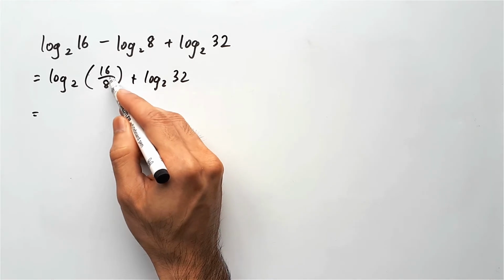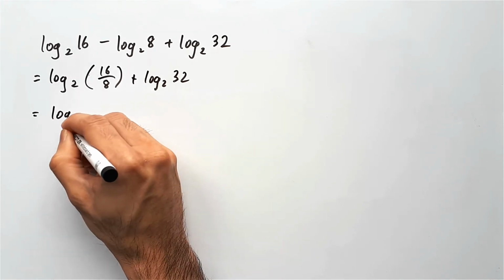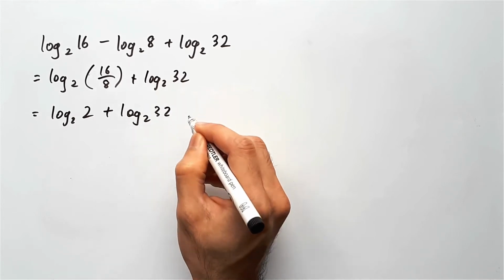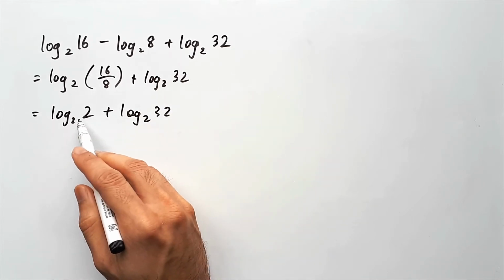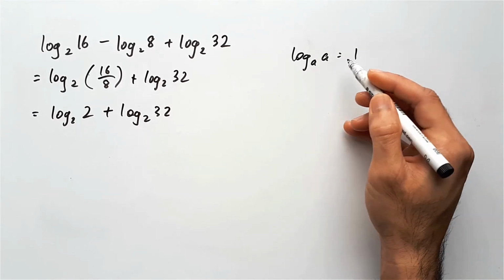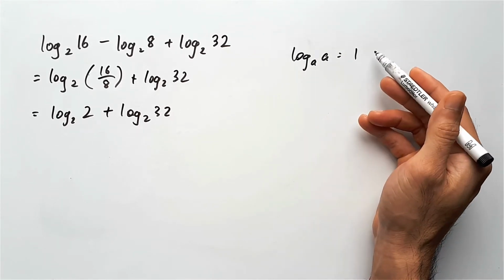So this would simplify to 16 over 8, which is 2, and so that's log base 2 of 2 plus log base 2 of 32. You could simplify the first into just 1, because log a of a equals 1. Anything where the base and product match is always 1.